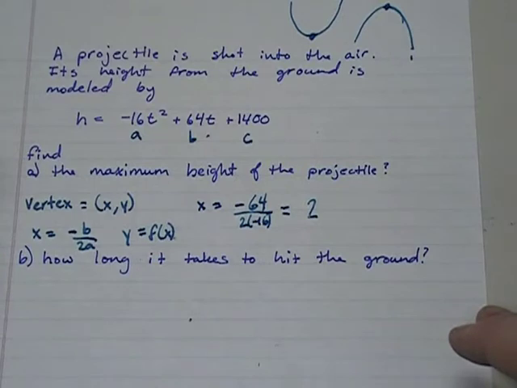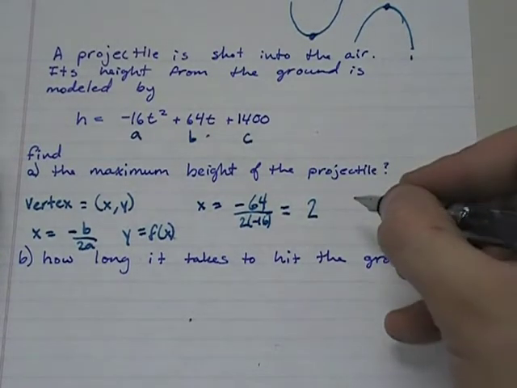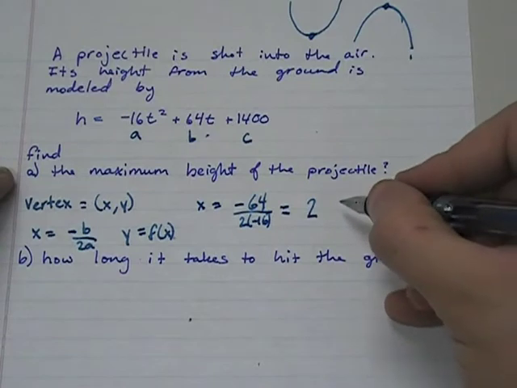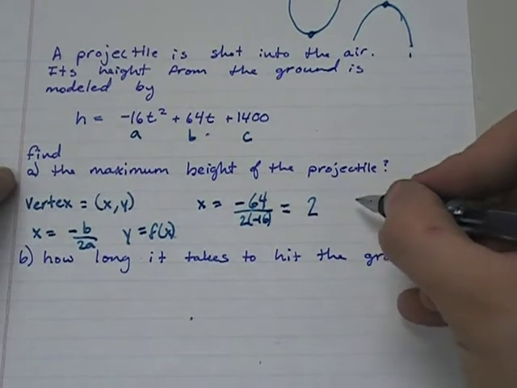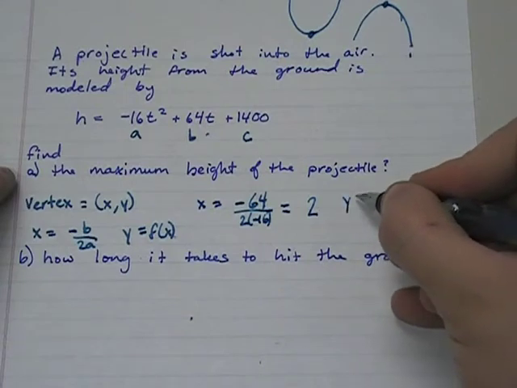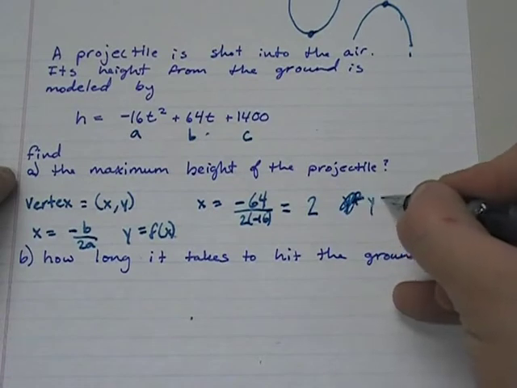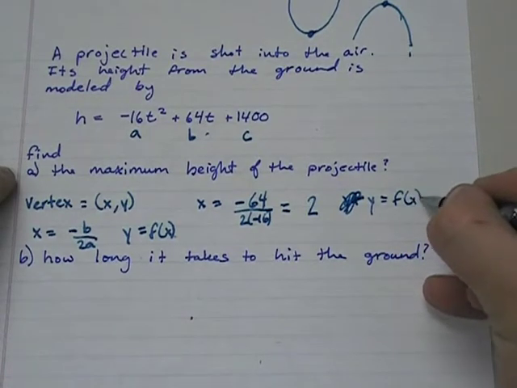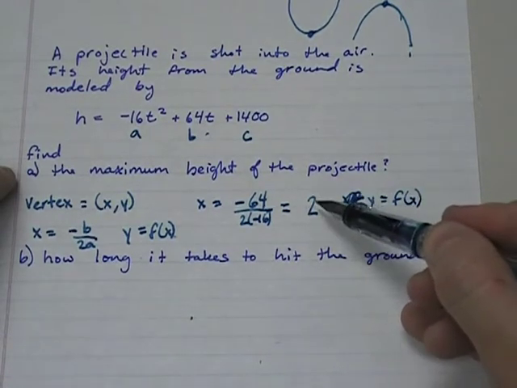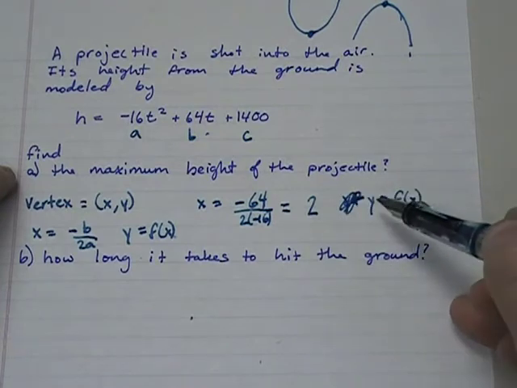Seems easy enough. That's the x-coordinate. How about the y-coordinate? Well, the y-coordinate will be equal to f of x. So whatever you found for x, plug that in and that gives you y.